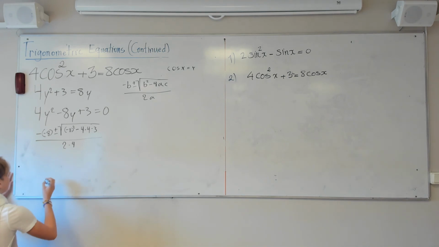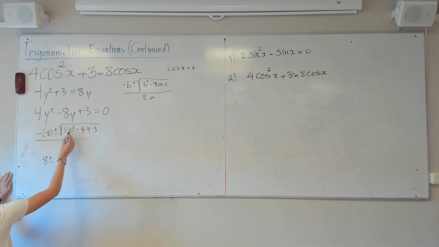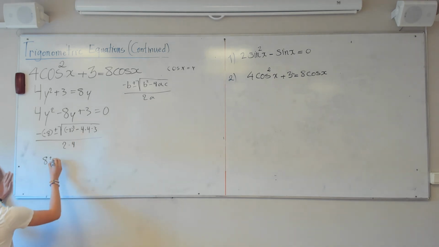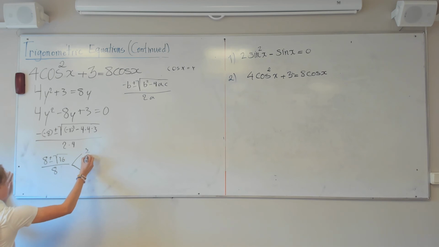Okay, and then we get 8 plus or minus, you can do this in your head. It is 64 minus how much? 48 is 16. Square root of 16 divided by 8, which gives us 3 over 2 and 1 over 2.